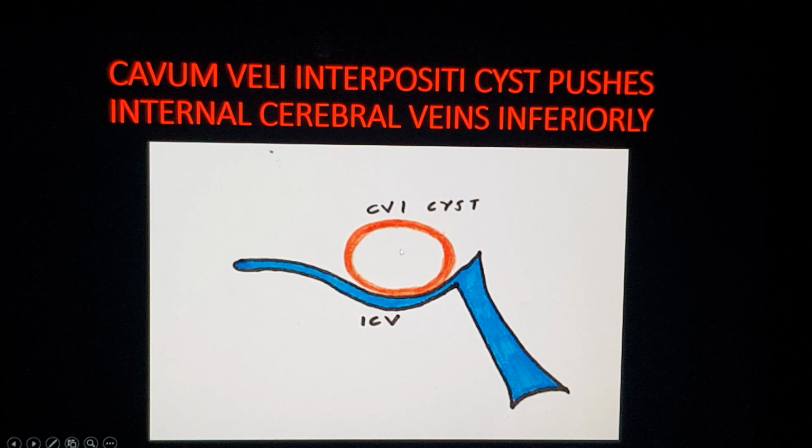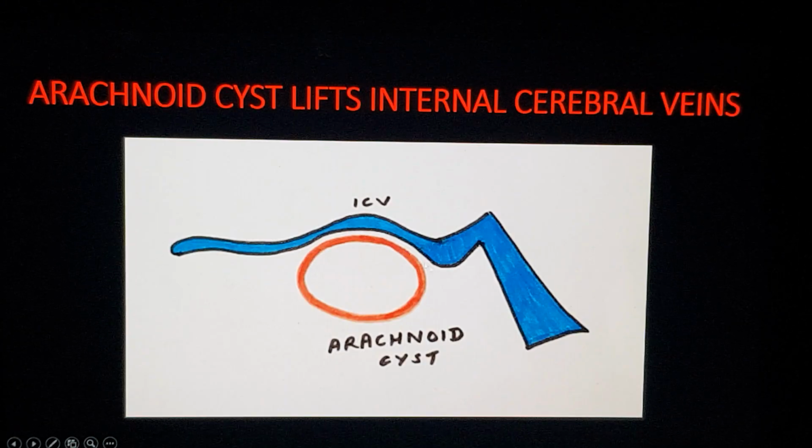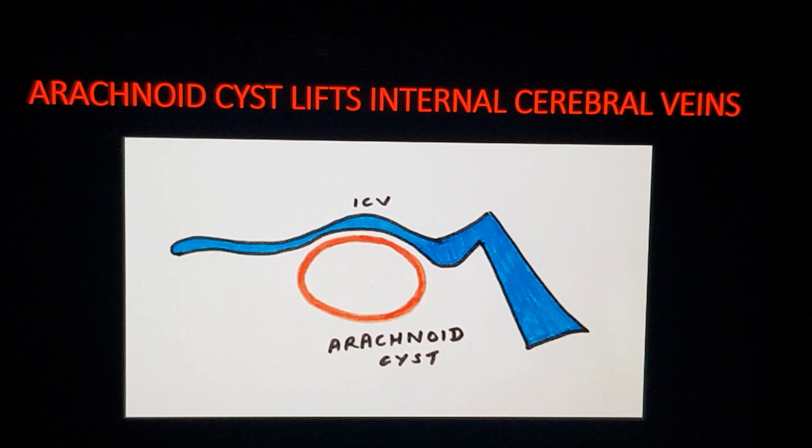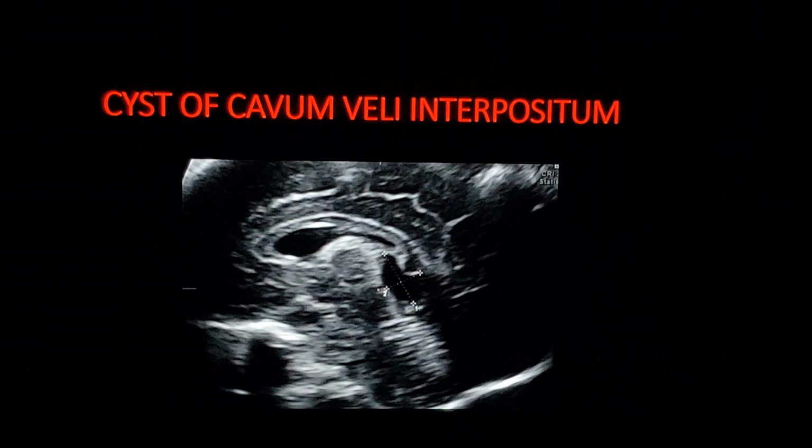The cyst would be superior. If we have an arachnoid cyst from the quadrigeminal cistern, then the internal cerebral veins would be pushed superiorly by the cyst. So that's how we differentiate between a cyst of the cavum velum interpositae and an arachnoid cyst in the quadrigeminal cistern.